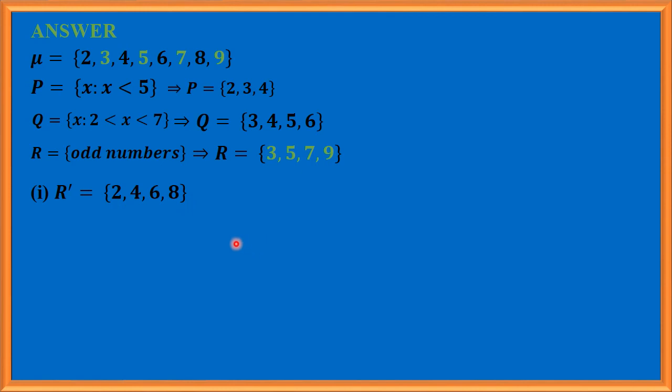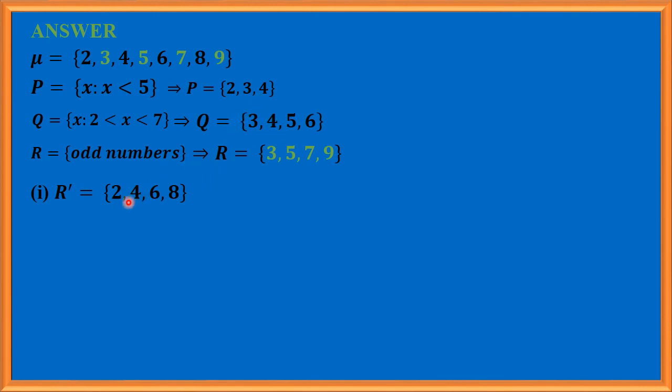To now find P ∩ Q ∩ R', we are going to find elements which can be found in R', can be found in P, and can also be found in Q. So looking at that, we see that we have 2 here, we don't have 2 here, but we have 2 there. 3 here, 3 here, no 3 here. 4 here, 4 there, and 4 there.